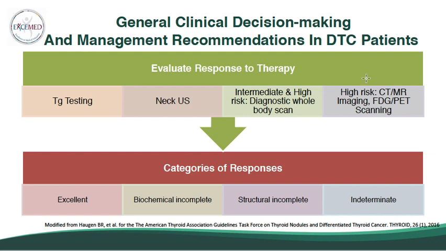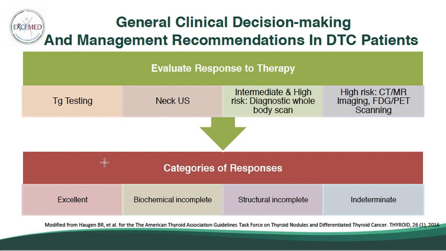Or if you suspect, let's say, cervical lymphadenopathies or the presence of lung metastases or metastasis elsewhere, then you can consider CT, MRI, or even FDG PET scanning. And then after you do all these tests, you can classify the response to therapy.